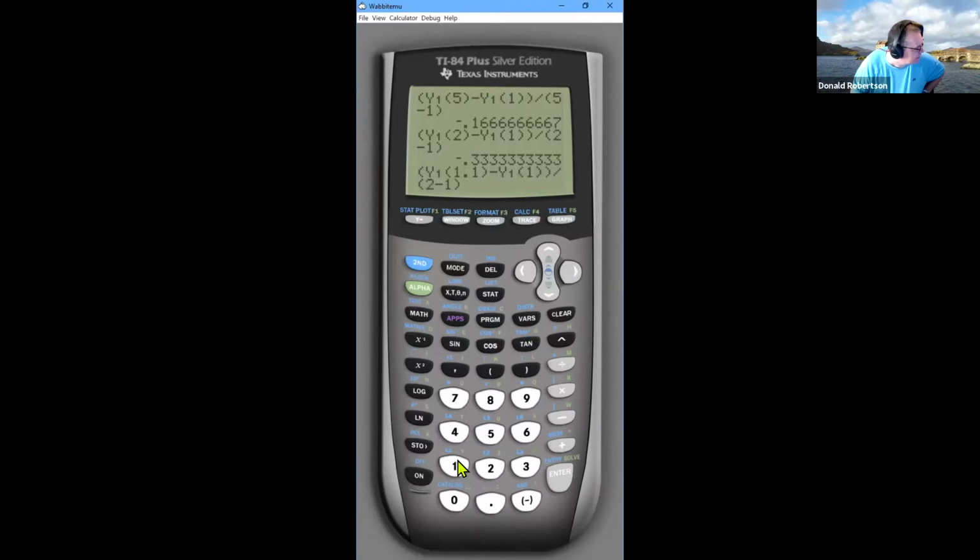And here, it's probably quicker just going 1.1, take away 1. Right. Now that will give me the next slope, and it's negative 0.476190.